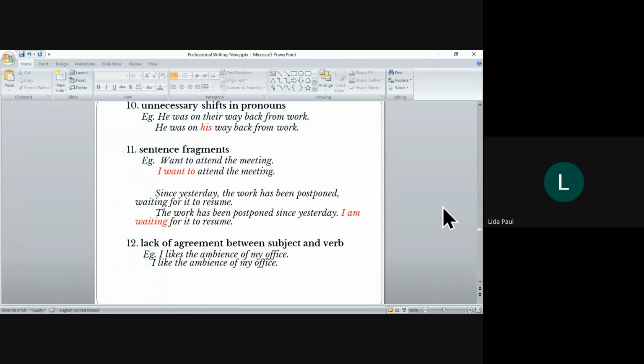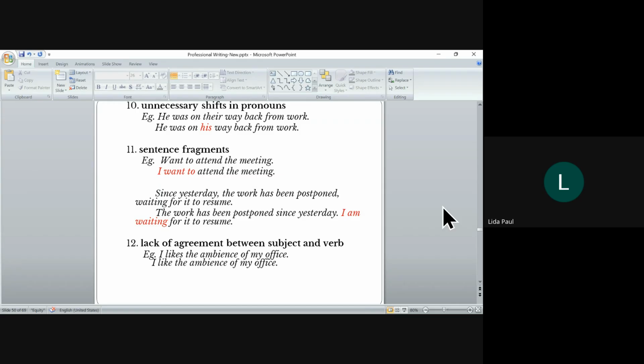For the singular subject, you are using a plural pronoun to refer back to it. So there's an inconsistency in the number of the pronoun used, right? If the referent is singular, then the reference should also have the same number. You can't change it. So, he was on their way back from work. Correct: he was on his way back from work.